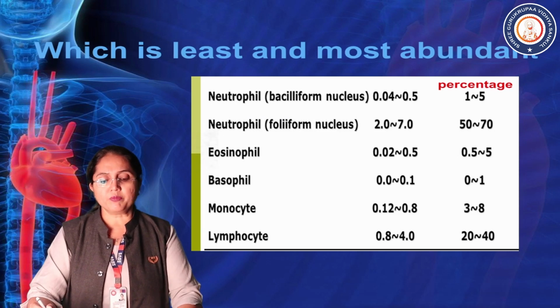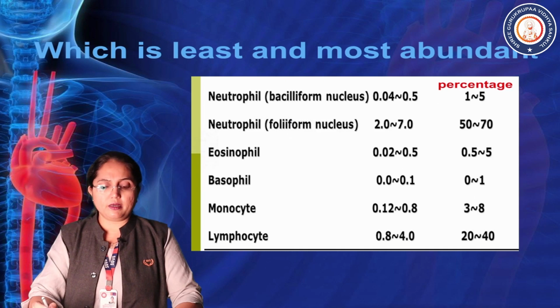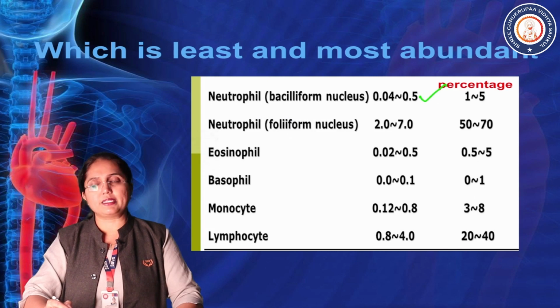Now let's see which is the least and which is the most abundant WBC in our blood. You can see the percentages vary from one to another. Neutrophil will be 0.4 to 0.5. Then the neutrophils which have a lobulated nucleus, as I told you, the nuclei are different in them, are a little more, 2 to 7%.